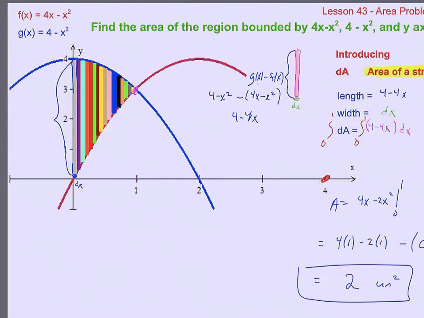The region bounded by 4x minus x squared and 4 minus x squared is going to end when the two graphs hit each other, which means when 4x minus x squared equals 4 minus x squared. And so we would just solve that equation. The minus x squareds cancel, so x equals 1. That would be, if we didn't already have the graph, how we could figure out what the limits of integration are.